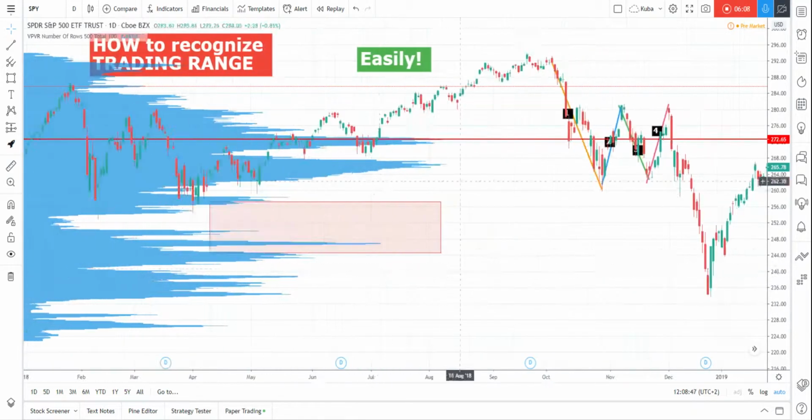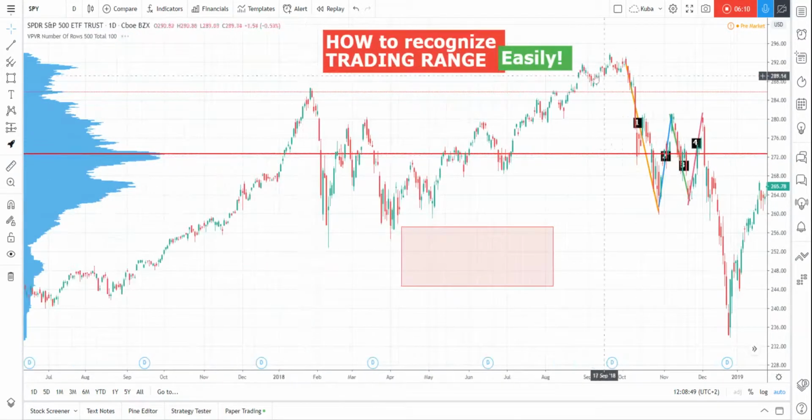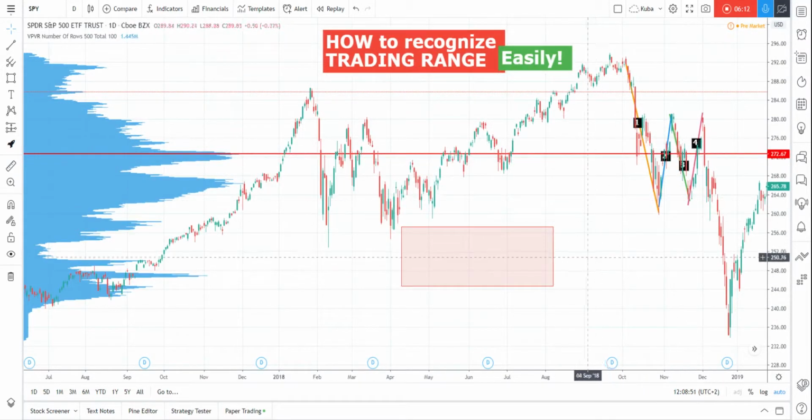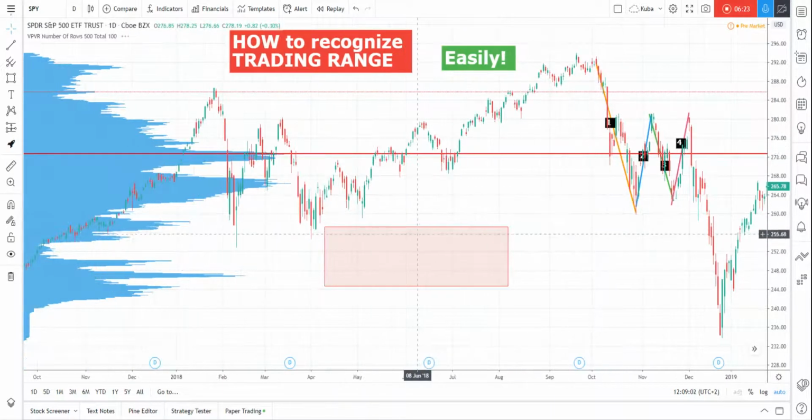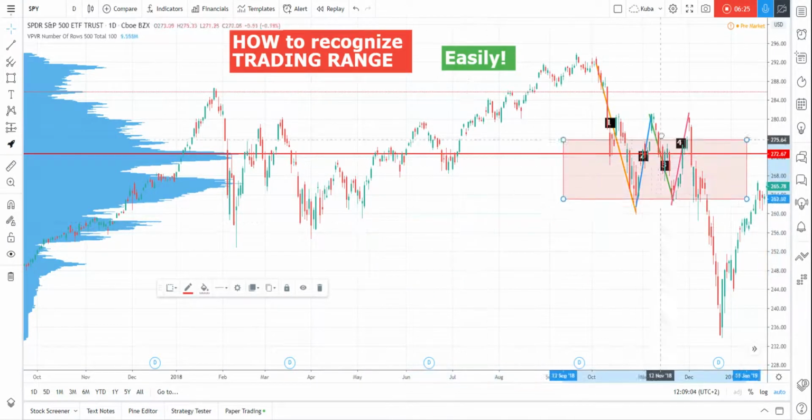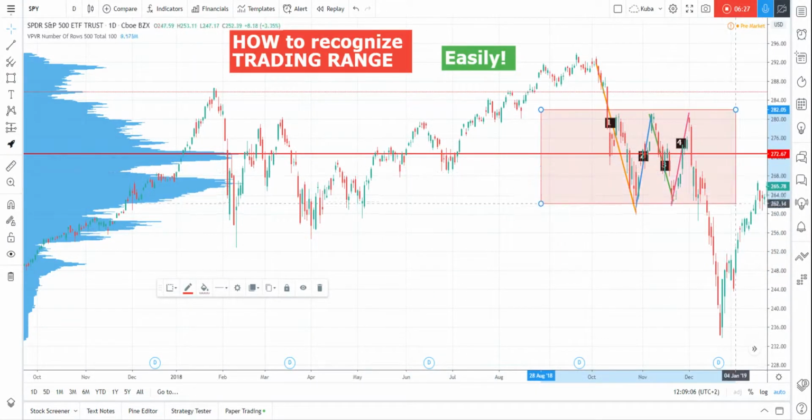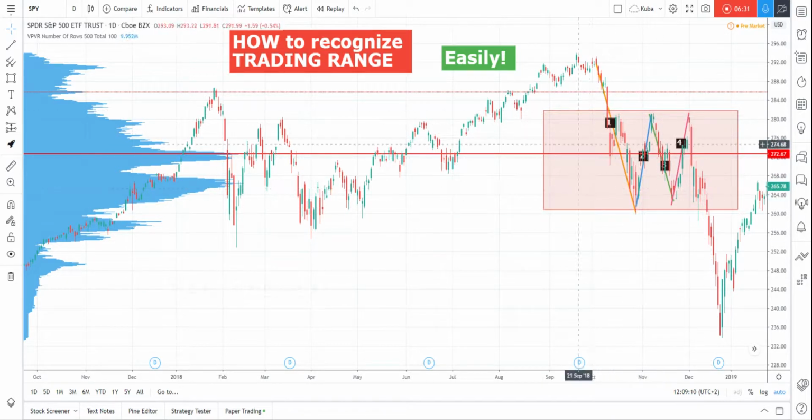If you are going to use this technique, you will be focusing on major highs and major lows, instead of looking for small trading ranges, because you have to understand the bigger perspective. If we are in a long, short, or in a range, and this is the value area, look, very nice value area.